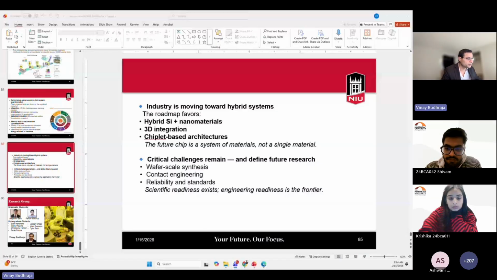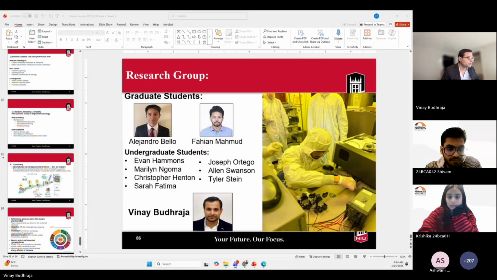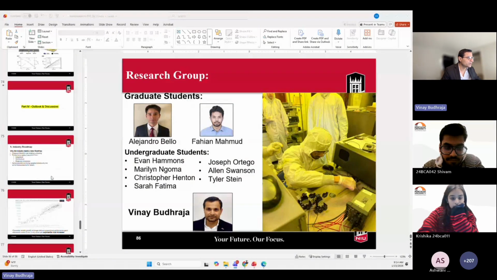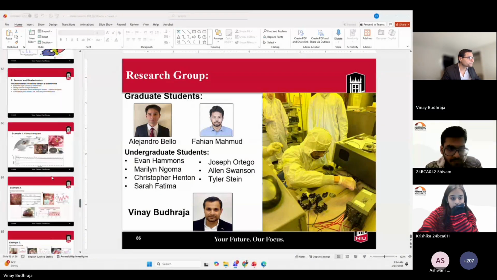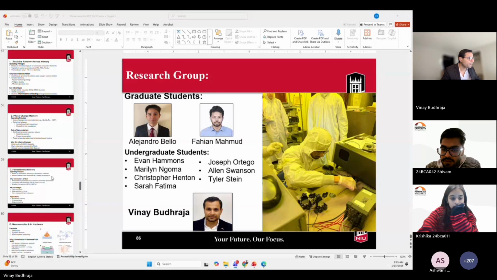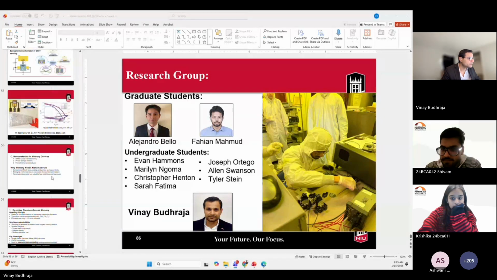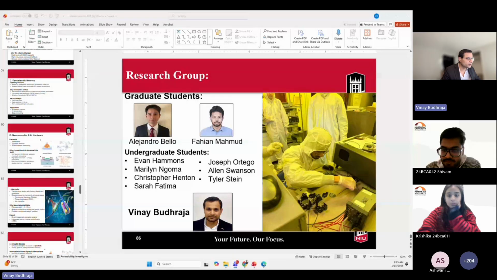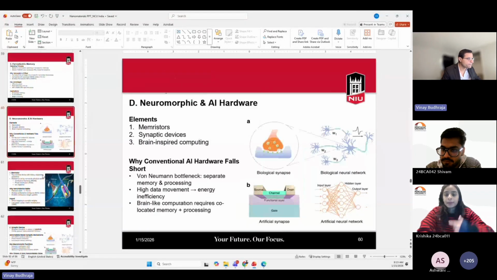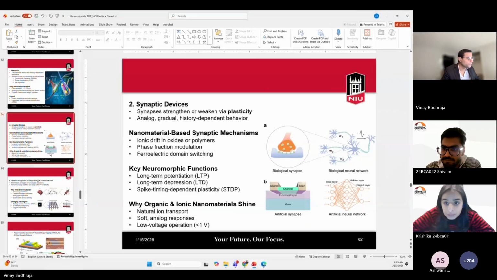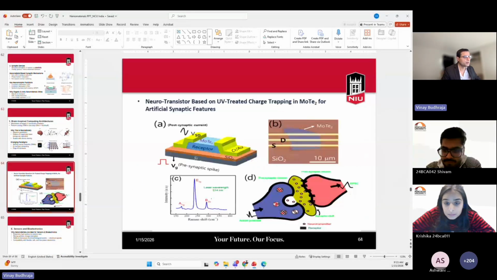In one of the cases, I think I shared the MoTe2-based one. Let me share the screen once again. Here you have seen one case of MoTe2. In the case of neuromorphic computing, yeah, here is the case.